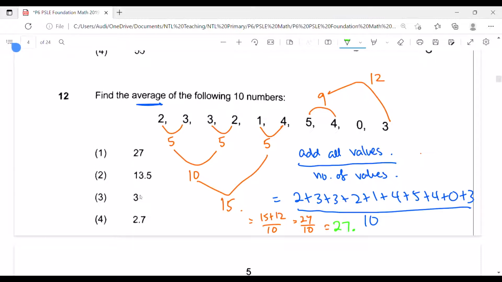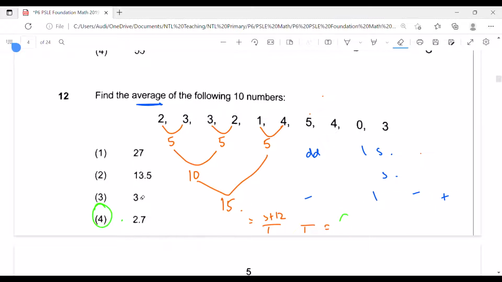Divide by 10 means you're going to move to the left by how many? 10 has got 1 zero, so we're going to move to the left by 1 time. So the answer is 2.7. This is our answer. I'm going to erase. Try this question again.